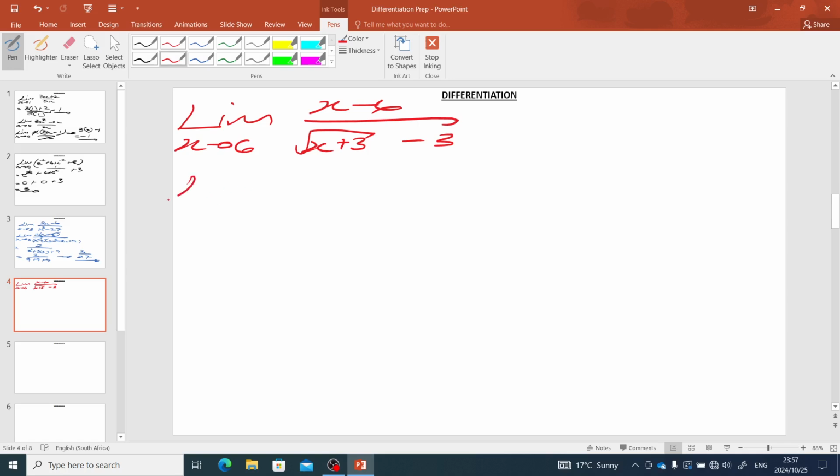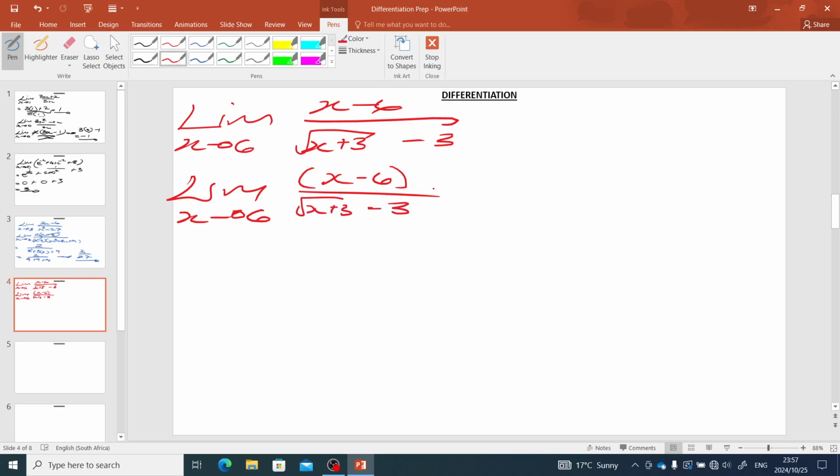That means we'll have the limit as x approaches 6 of x minus 6 divided by the square root of x plus 3 minus 3.